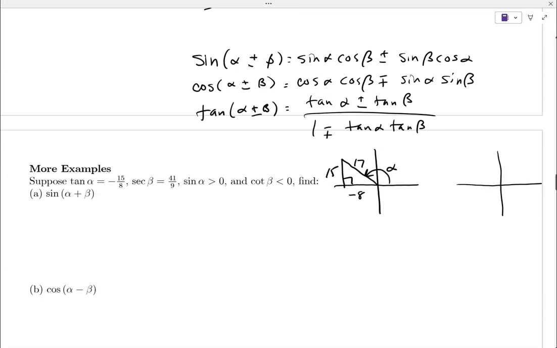Because cosine is positive in the fourth, while tangent is negative in the fourth. Good, exactly. Secant is positive, so cosine will be positive, so you're in either 1 or 4. And it says tangent is negative, so it has to be 4 and not 1. Right? Good. So we'll draw our reference triangle down here in quadrant 4.